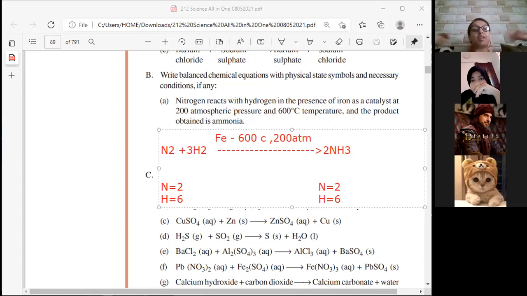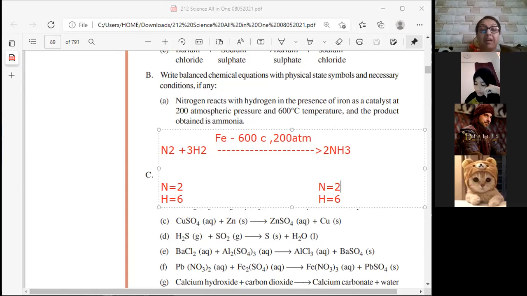So reactants and products both have become equal. This is how you will balance it.